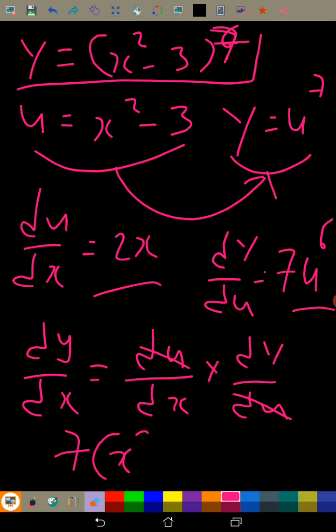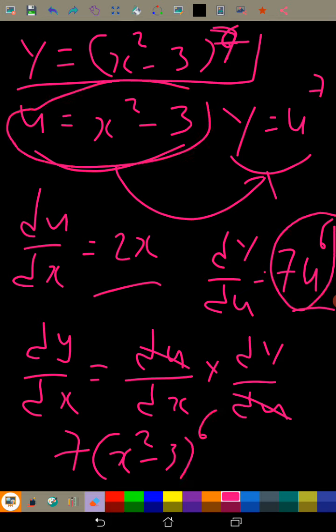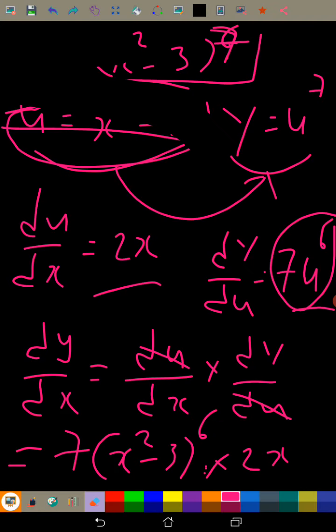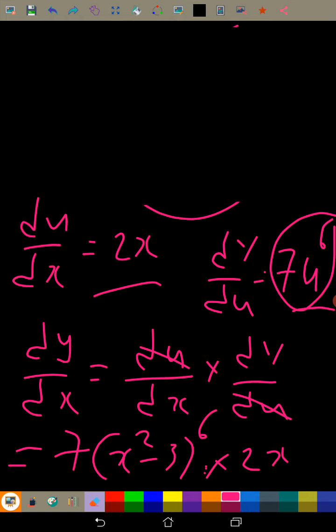Remember that u was this. If we replace this to the power of 6, I'm taking it from here, but I know that u is equal to this, so I got this here, and multiply by 2x. So in the end, I can erase this because we have what we wanted.